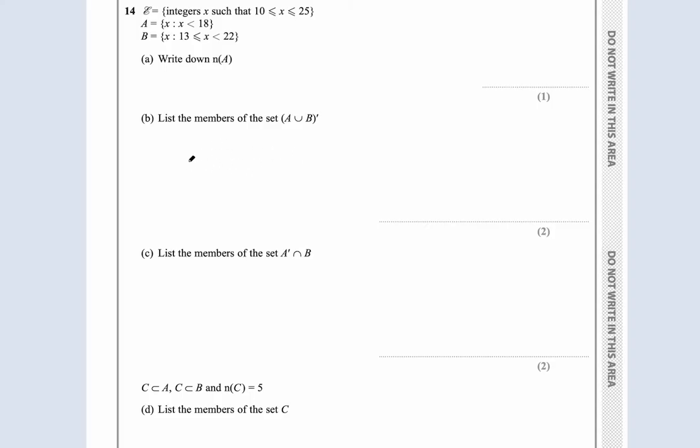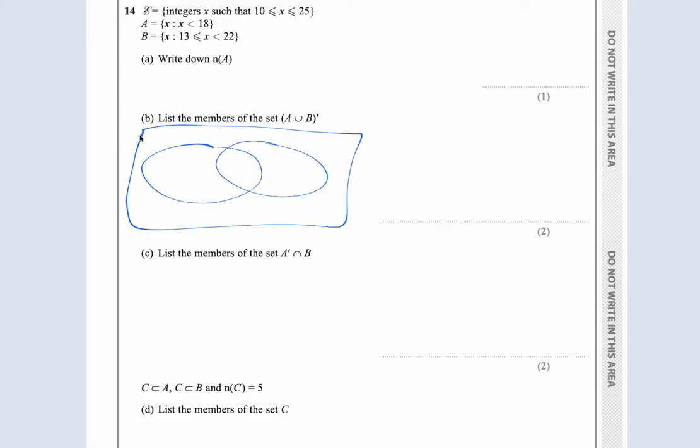Let me just draw it here. Okay, and don't forget there is a universal set here. So this is A and this is B. So A, it's integers from 10 to 25. Now A is less than 18 and B is greater or equal to 13, right?